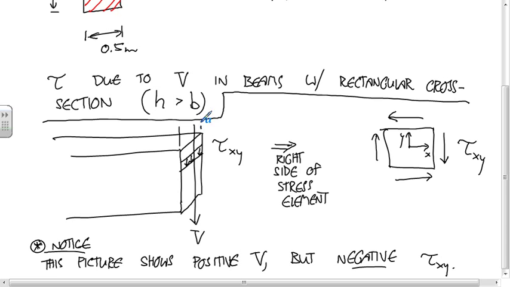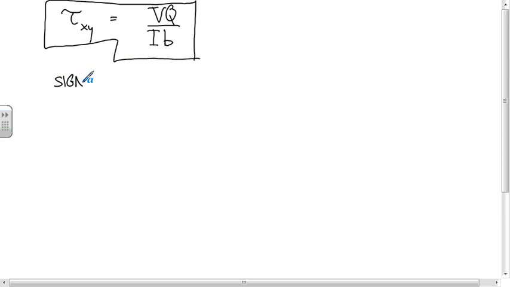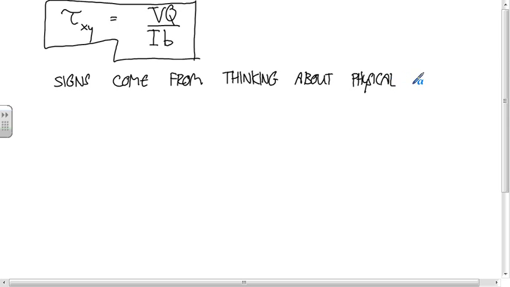So the width is B. Okay, this height would be H. So this is the magnitude, and then the signs come from thinking about the physical directions based on the direction of the shear force.